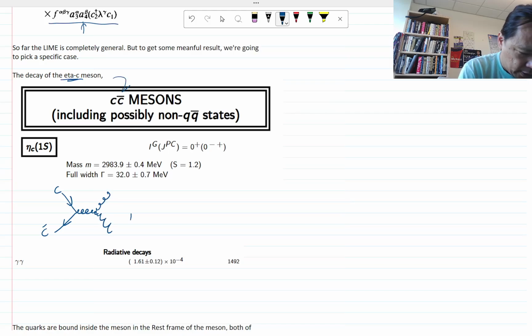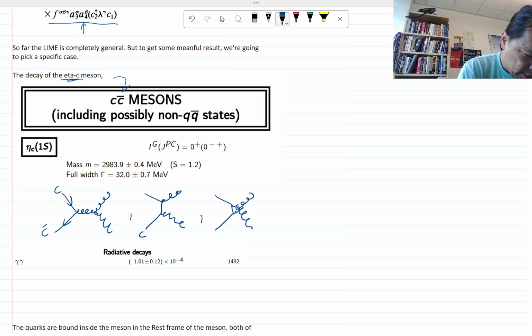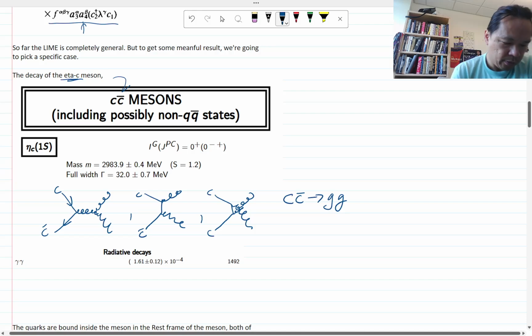Or you can also have the T channel, where you have this, and then you also have the U channel, which is the crossed version. Okay, so these are the c c-bars coming in, and they decay into gluons. The idea is that we're going to have c c-bar going into glue.